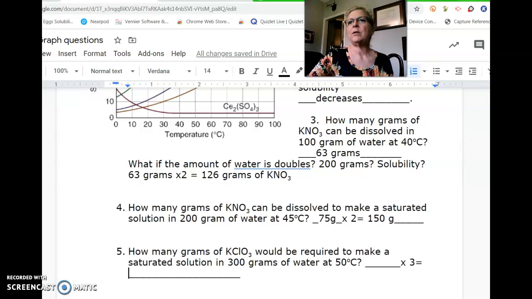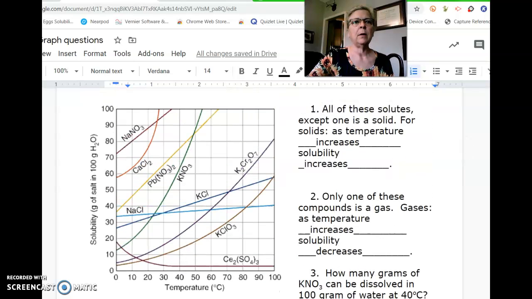Okay, so we're going to scroll on up and find our KClO3 line, and there is our KClO3 line. And we're going to read at 50 degrees Celsius, and we're going to determine what the solubility is in 100 grams of water.